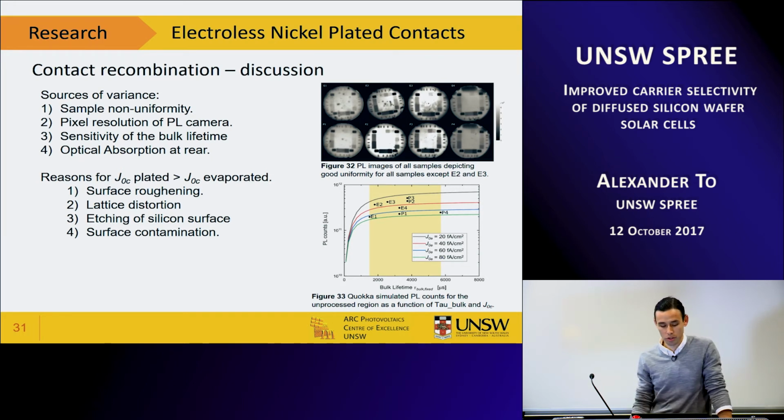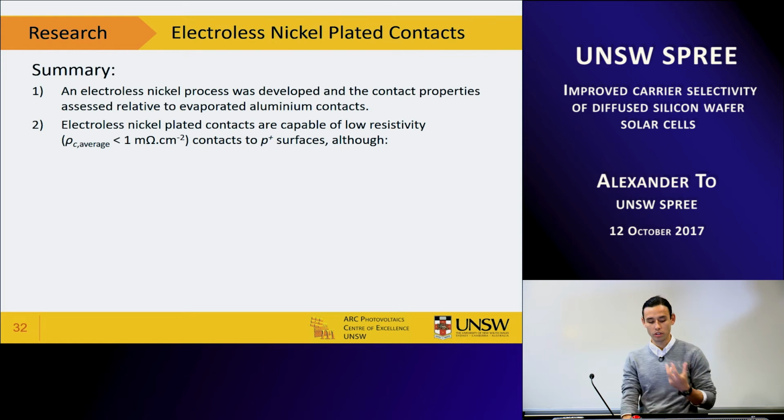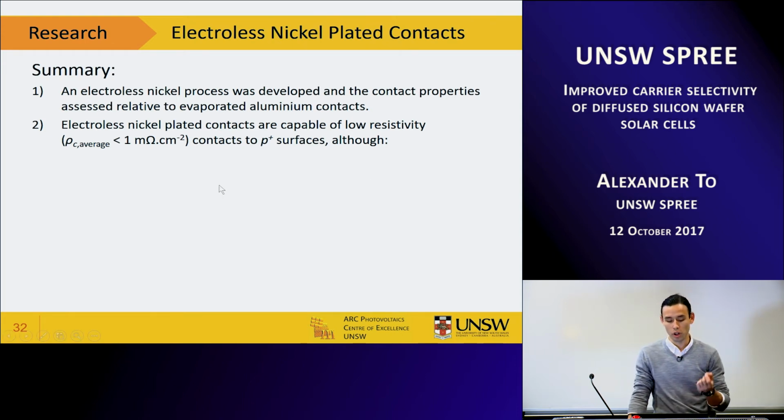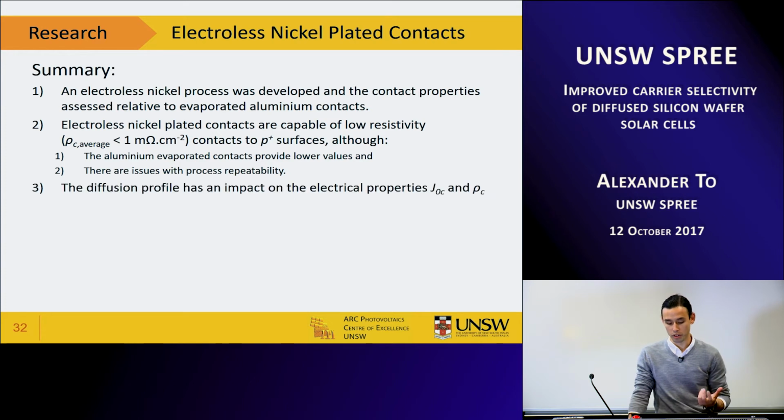So in summary, we developed an electroless nickel process. We did achieve good results, and for instance, that one which did sinter well, we did achieve a low contact resistivity value. However, it was not as good as the aluminium evaporated samples, and there are issues with process repeatability.